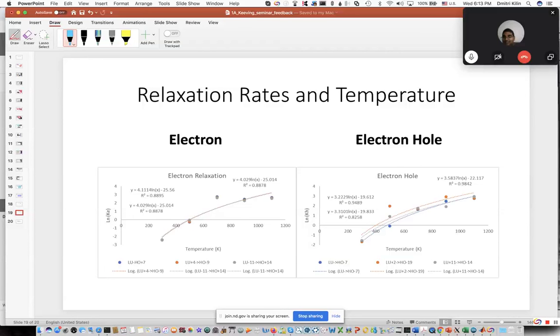electron hole. So in the band gap law, you have an exponential relationship between my relaxation rate and my change in energy, where the relaxation rate is equal to e to the negative alpha, which is a constant, times my change in energy.